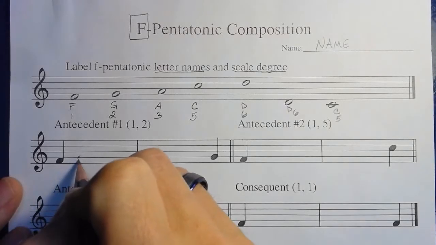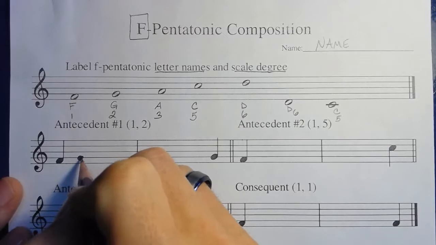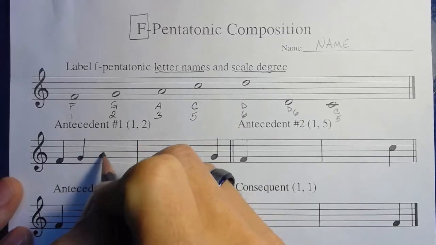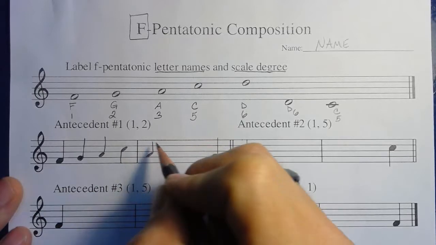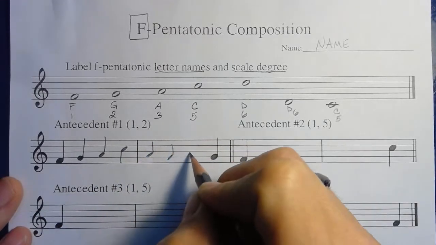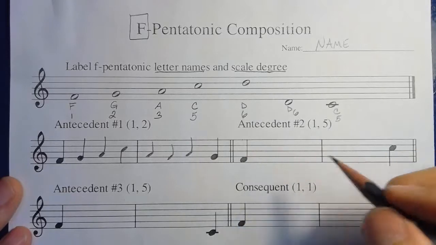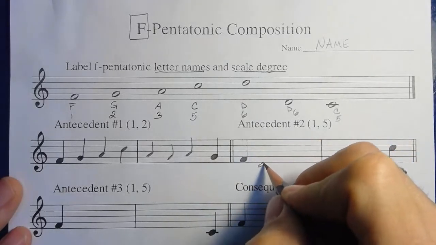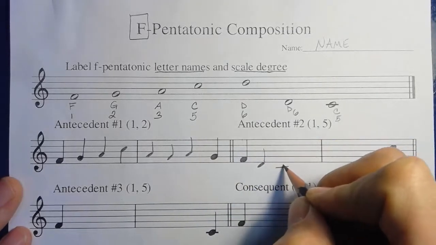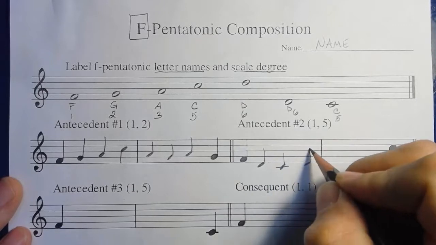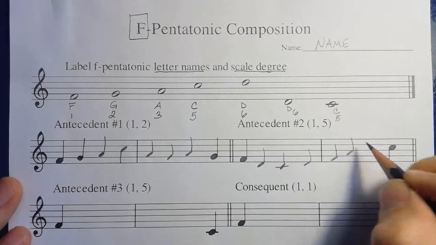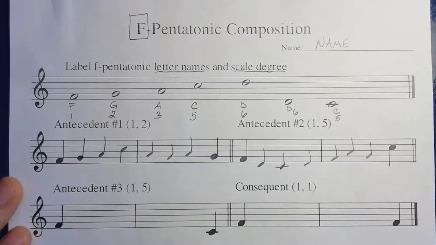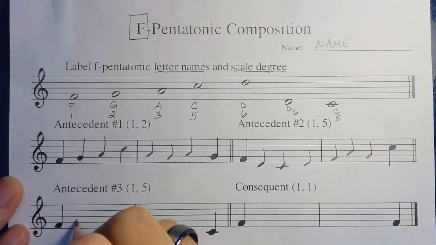I will first start with quarter notes, and I'll go back and change a few to eighth notes to make the melody a little bit more interesting in a moment. Antecedent 1, antecedent 2, and then I'm going to come over to antecedent 3.